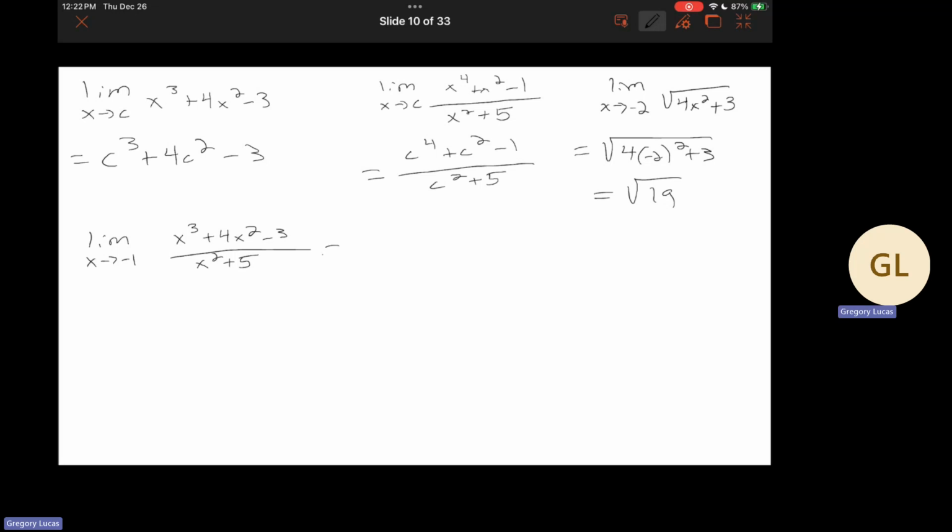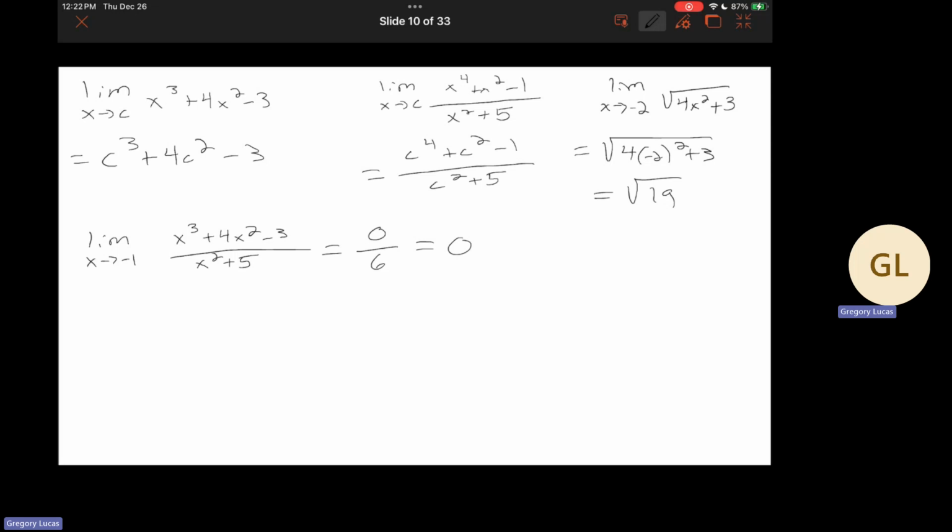All right. Here, we're plugging in negative 1. So in my numerator, I have 0. In the denominator, I would have 6. So this one, we would have 0 divided by 6, which is 0. So this is okay. If I have 0 in my numerator, it clears everything out. We get 0. That's okay.